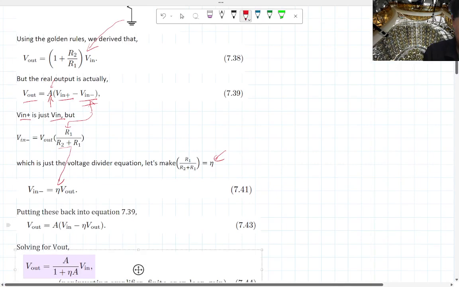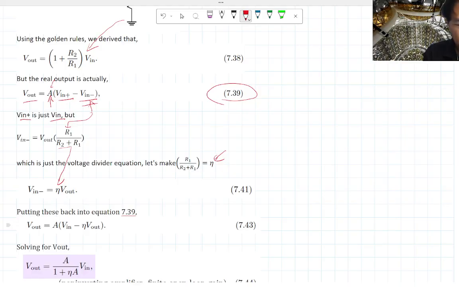And if we put that back into equation 7.39, then Vout is the open loop gain times Vn minus eta times Vout, right? Because we just did an exact substitution for Vn minus.